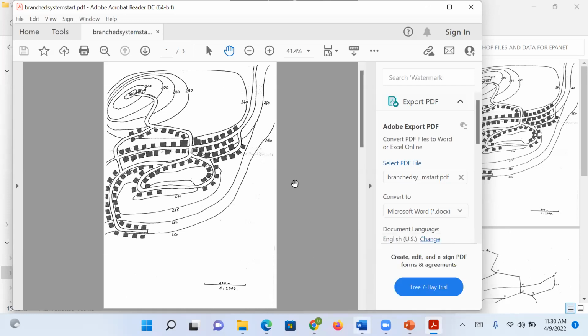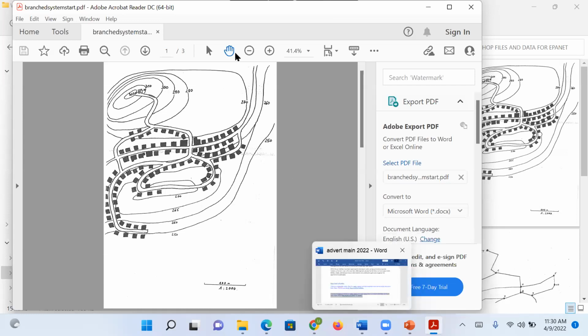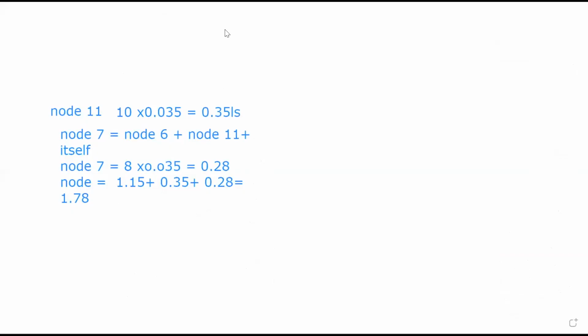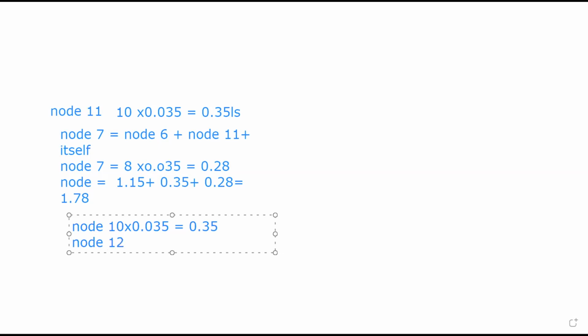So I'll go back to my whiteboard and say node 12. Node 12 is straight hand, 10 times 0.035, which will give me 0.35. Node 12, node 10, same thing, right?